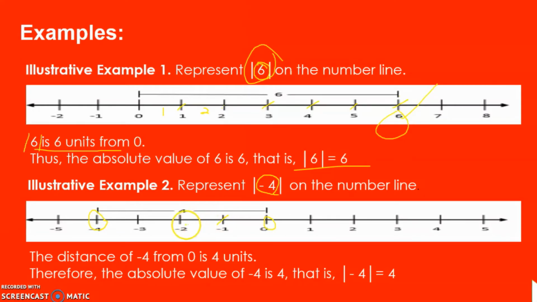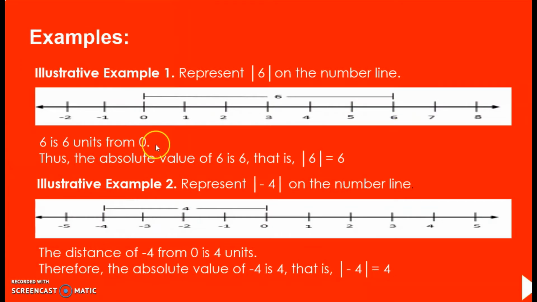We have 1, 2, 3, 4. So the distance of negative 4 from 0 is 4 units, the same as when we counted the distance from 0 to 6. So let's proceed.